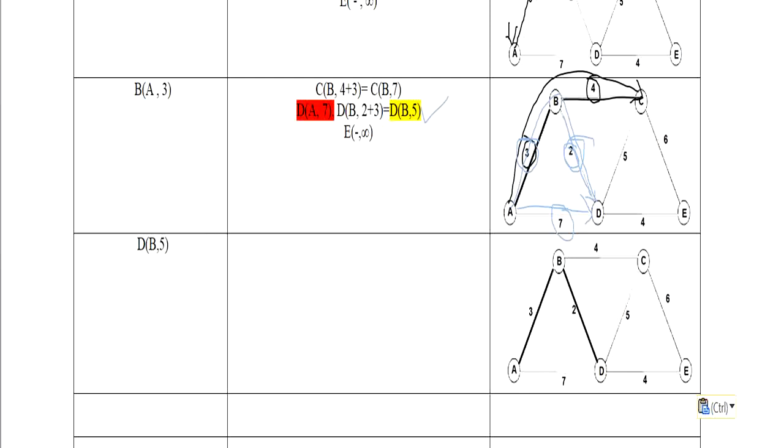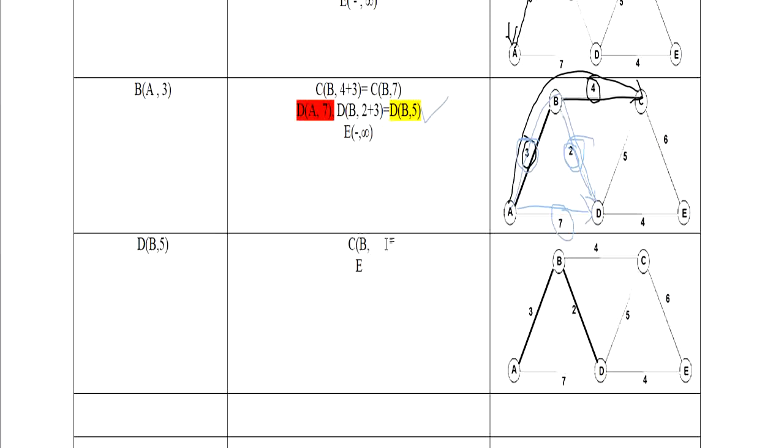After selecting the items from the edges, we now go on selecting the remaining vertices. What are the remaining vertices? We have vertex C and vertex E. To visit vertex C, can I go from A? No, because it is not adjacent, but I can go from B to C. What is the weight to visit C from B?